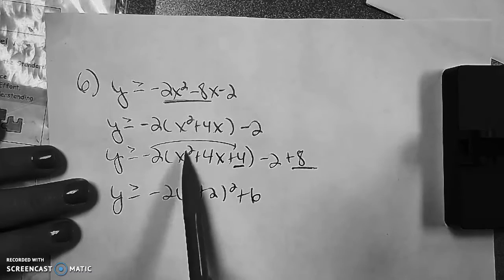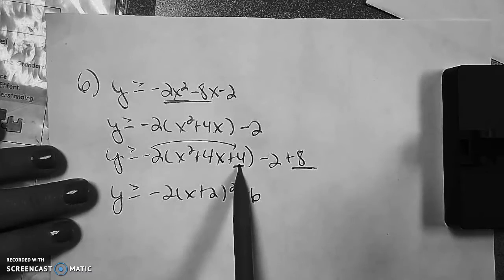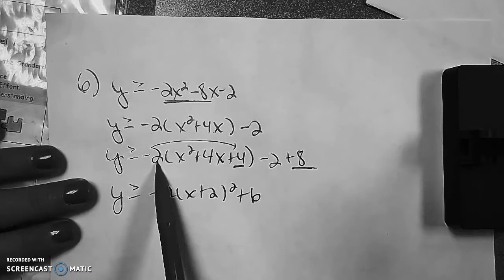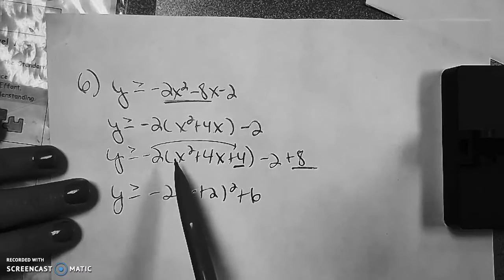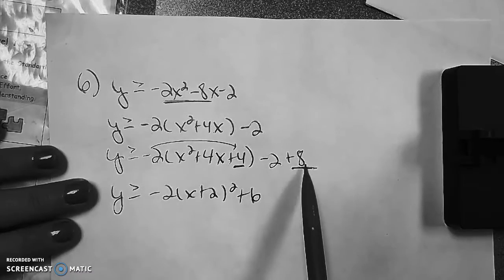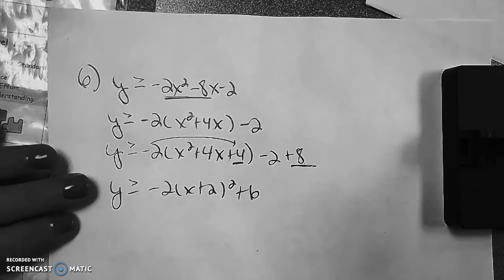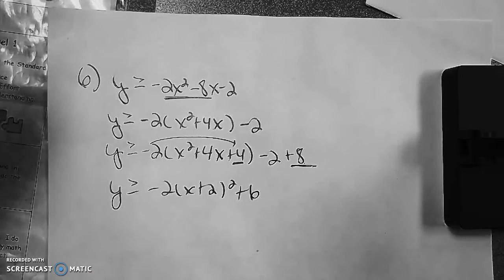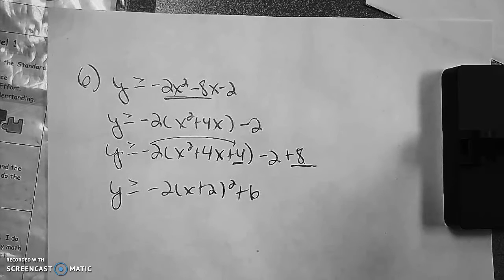So this would be x squared plus 4x plus 4 is what I would add in the blank, but that 4 is being multiplied by -2. That means I've actually added a -8, so I turn around and add 8 to balance that, which gives me my vertex form. Again, I'm not sure what part you may have struggled with, but that would have been my guess as to what would have happened there.